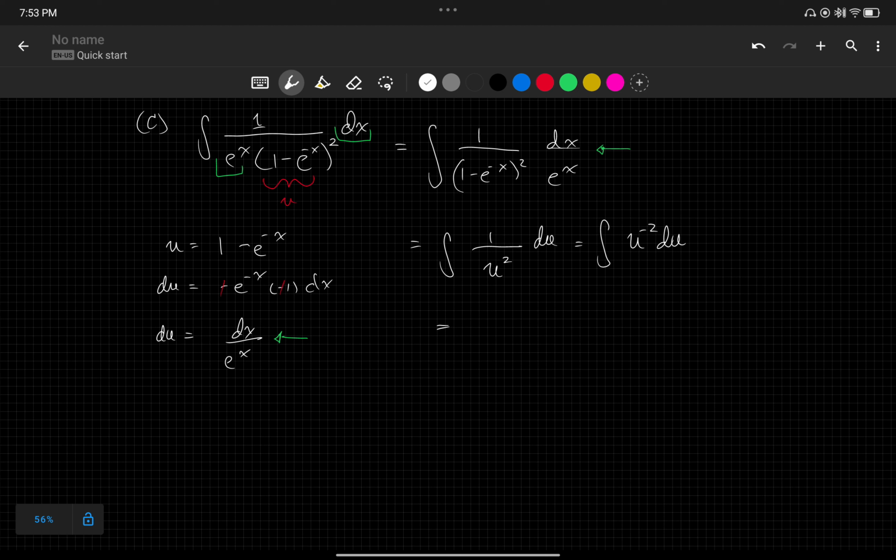So you're going to add 1. So that'll turn it into u to the negative 1 divided by negative 1 plus c. Bring it back downstairs. Negative 1 over u plus c.